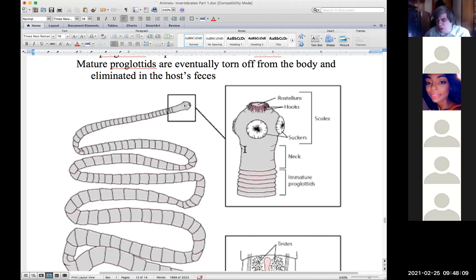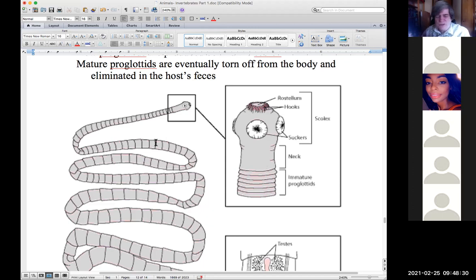Now, behind the scolex, there's a very short neck, and then there are some segments called proglottids. And the neck makes the proglottids. They're made by mitosis. So notice this is an asexual cell division.